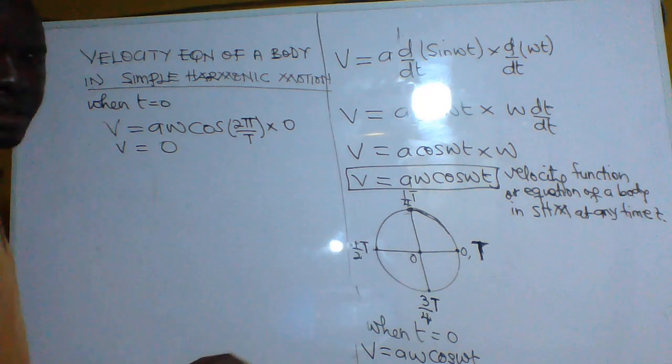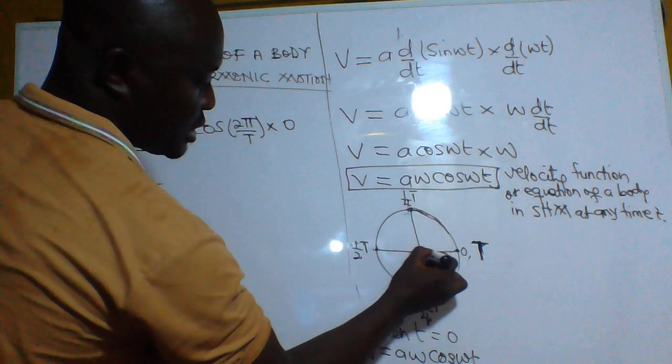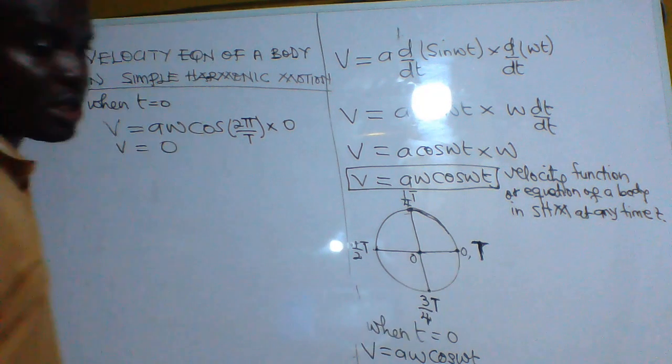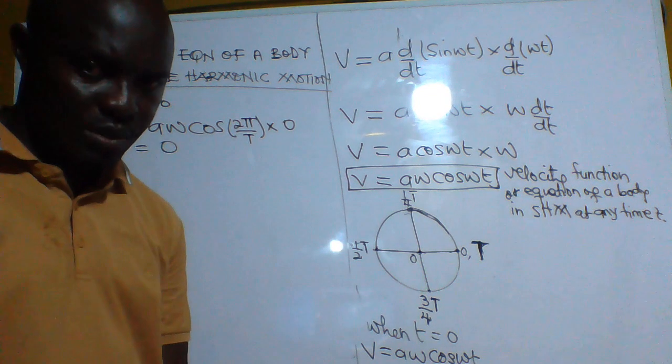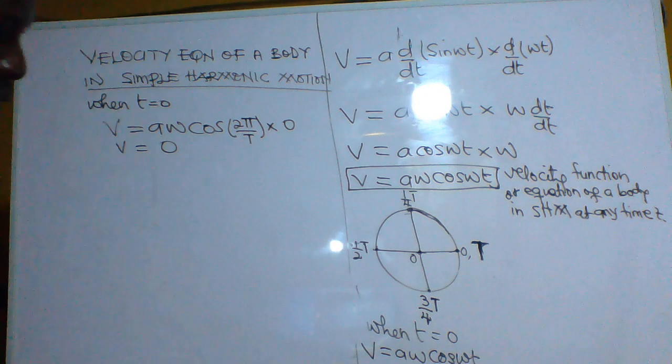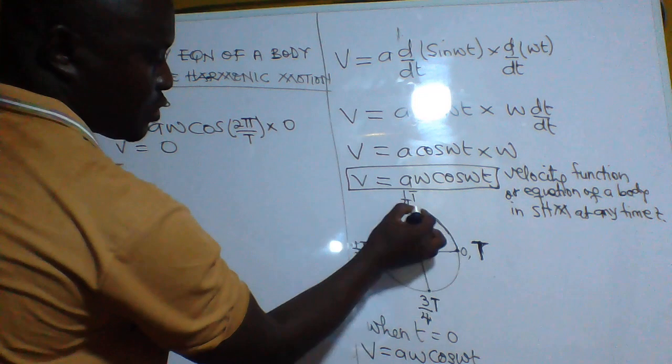So we see that at the mean position, the velocity of the particle is 0 because there's no displacement. Alright, okay, so let's see the particle having moved from here to this point.